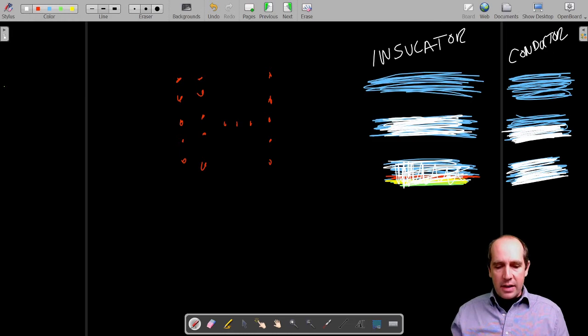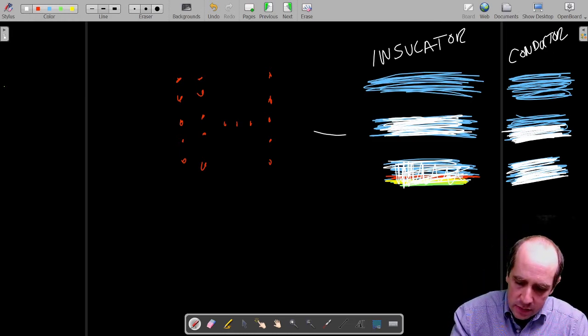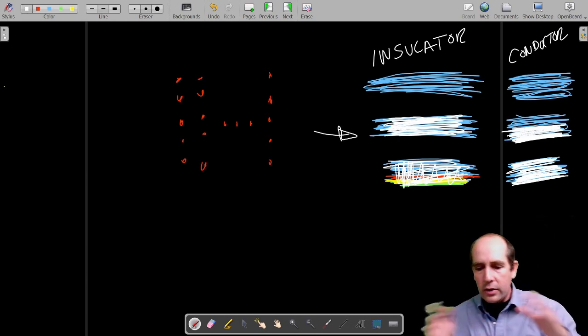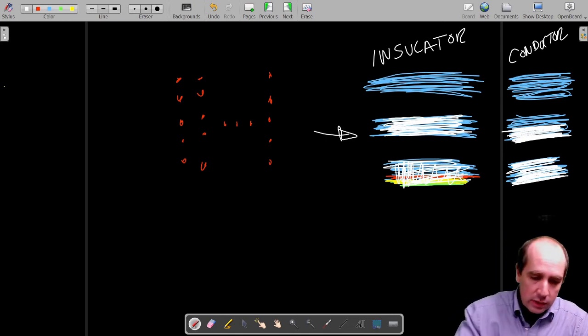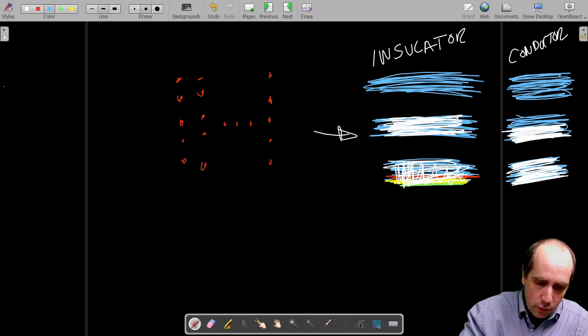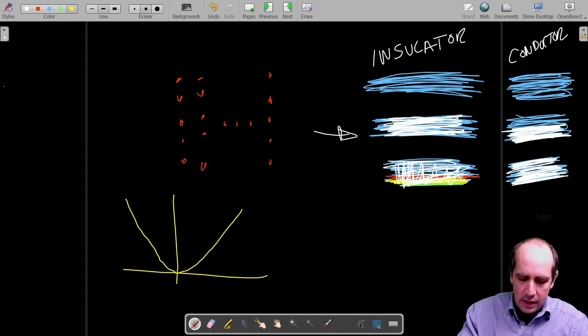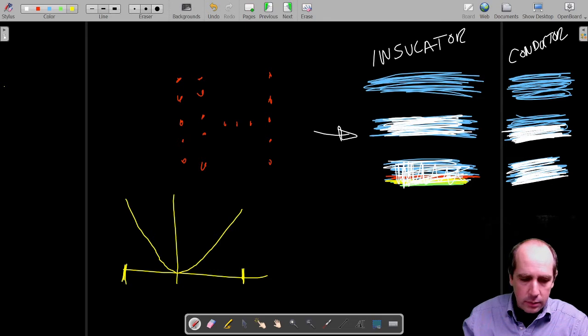Okay, and basically what happens here is that let's think again, let's just focus on this band here, whether it's the insulator case or the conductor case. So what we will have is, I will draw here the band structure. Let's assume it's parabolic as we have discussed here, and let's put here the boundaries of the previous zone.